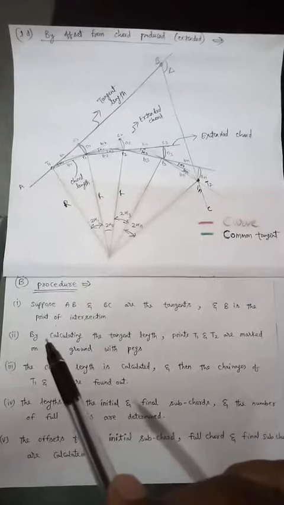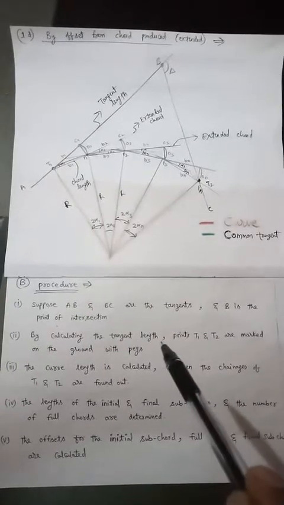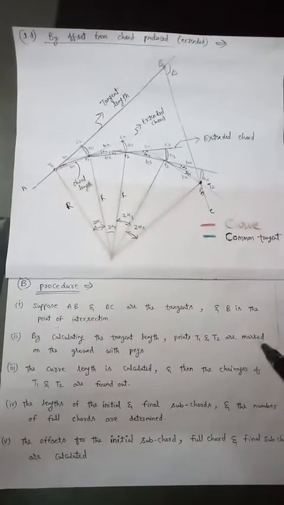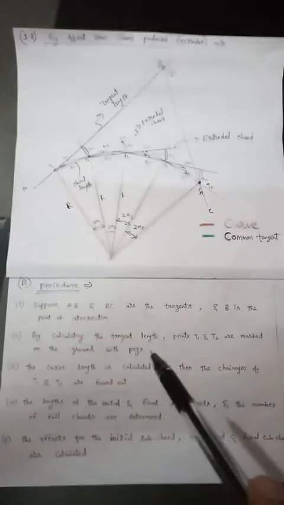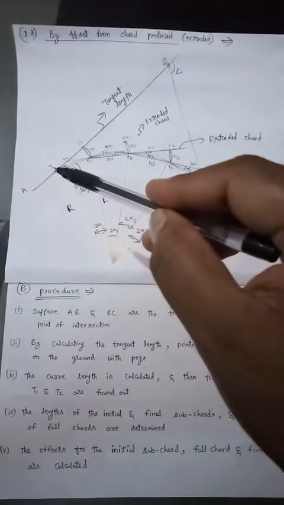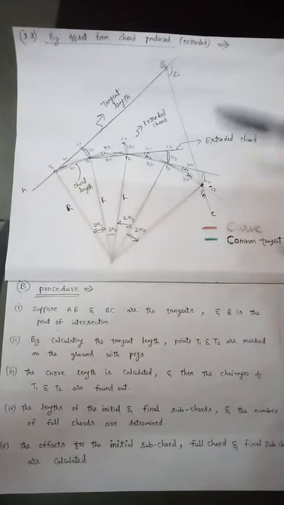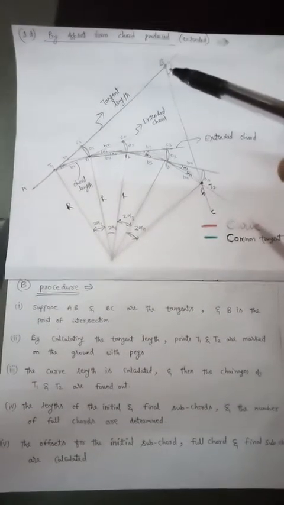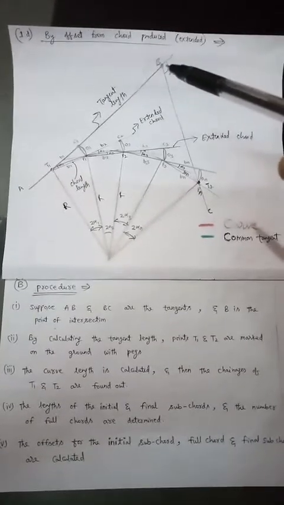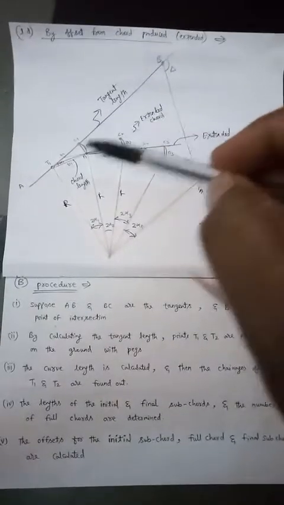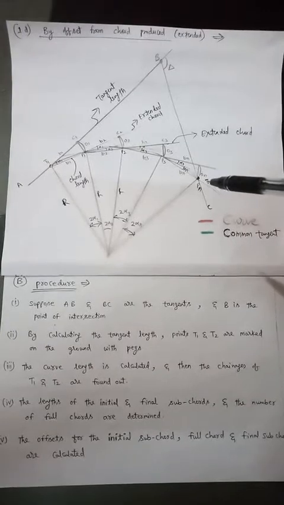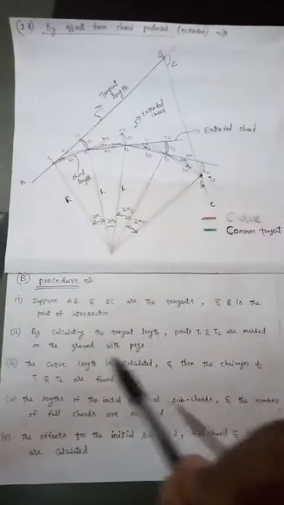Second point, by calculating the tangent length, points T1 and T2 are marked on the ground with pegs. T1B and T2B are the tangent lengths calculated by formulas, and T1 and T2, the two tangent points, are marked on the ground with pegs.